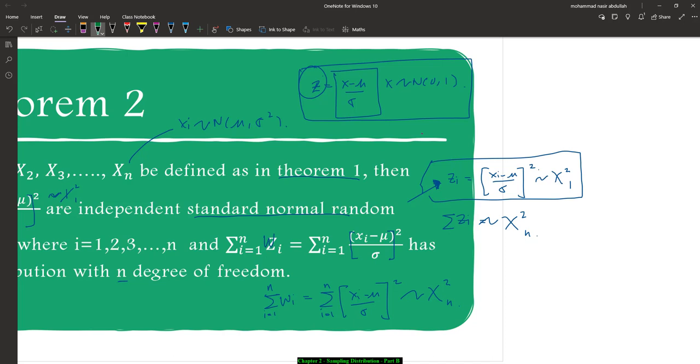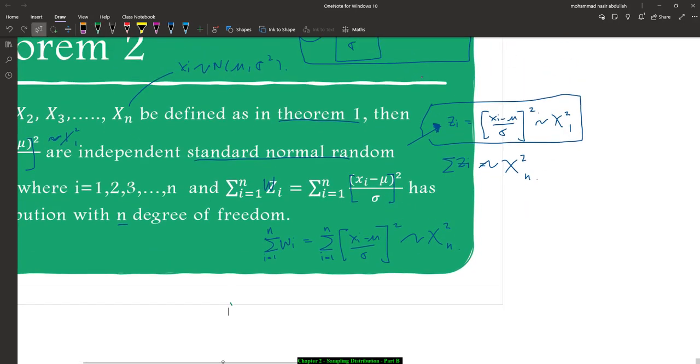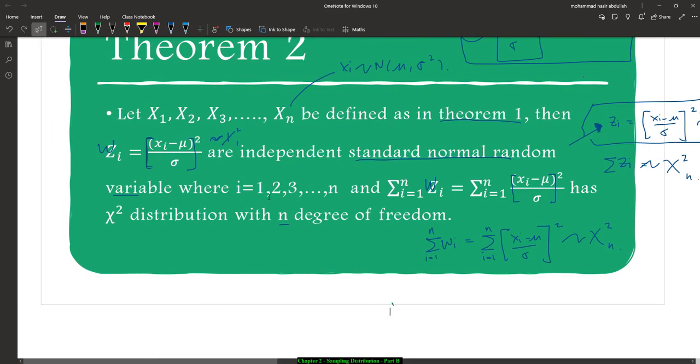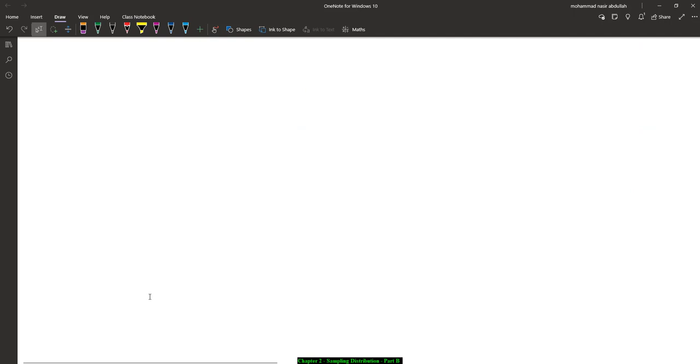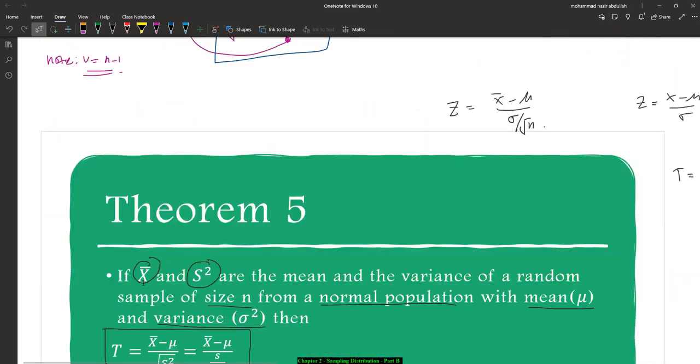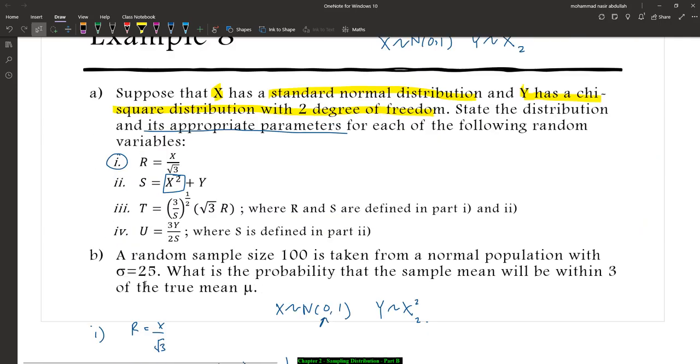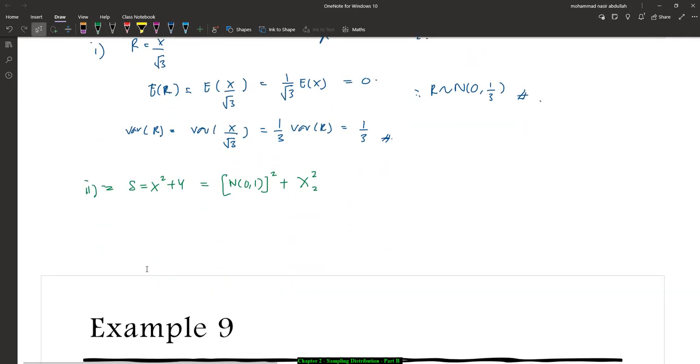And when we sum chi-squared variables, the degrees of freedom are additive, meaning we can add the degrees of freedom. So this is a chi-squared with 1 degree of freedom plus a chi-squared with 2 degrees of freedom, giving a chi-squared with 3 degrees of freedom. So we can say that S has a chi-squared distribution with 3 degrees of freedom.